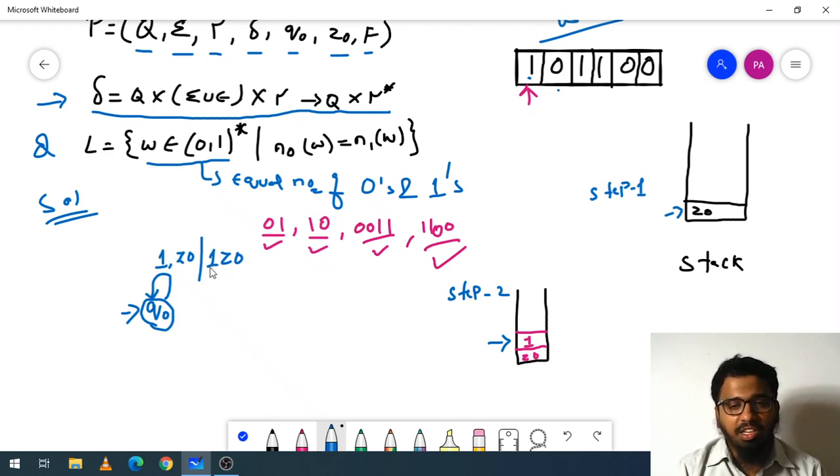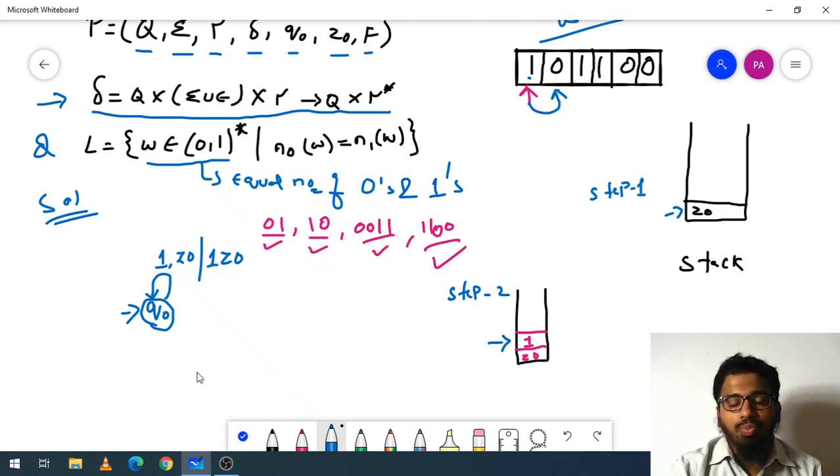So 1 comma Z0, and what will be the answer? 1 Z0. This is step 2, and the header has moved from 1 to 0.